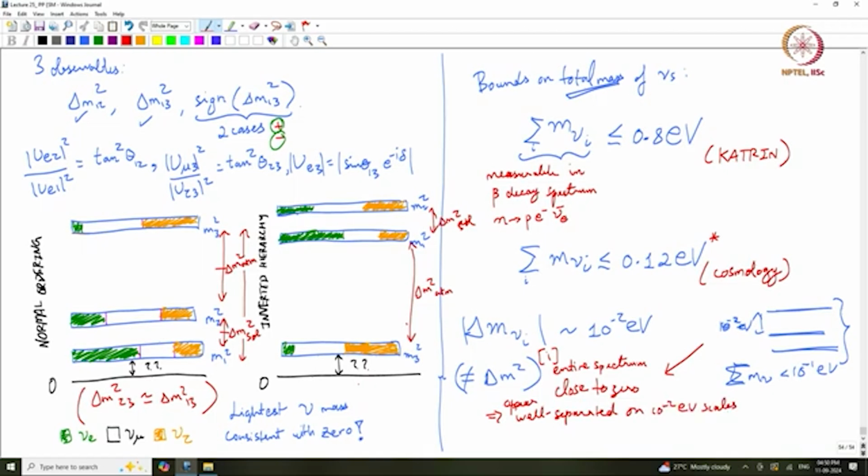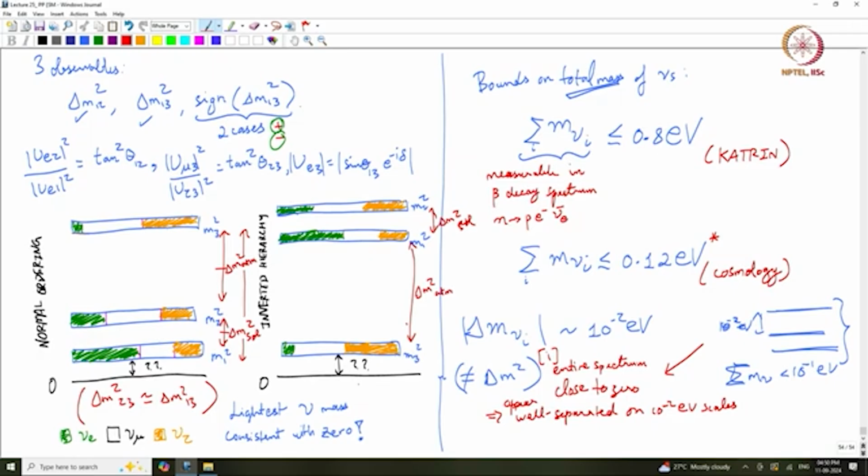That is one possibility, completely possible. Why? The highest mass would be a few times 10 power minus 2 electron volts, right. That is still fine because we only have an upper bound of 0.1 electron volts. So, you are way below the upper bound and close to 0. It is either that.